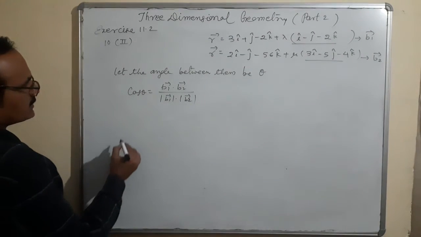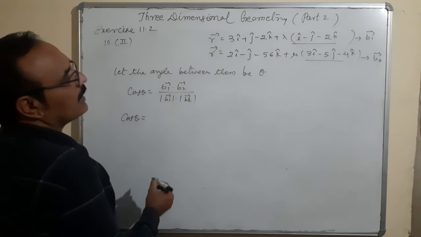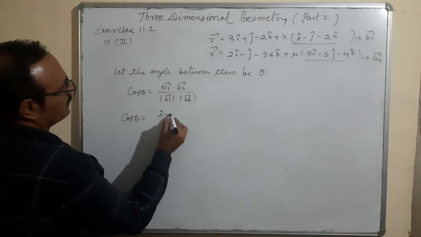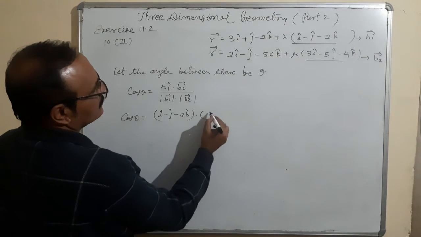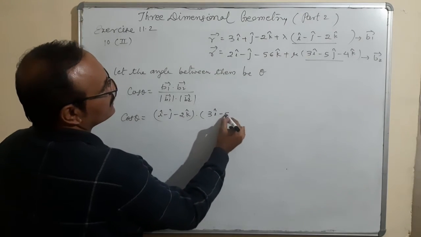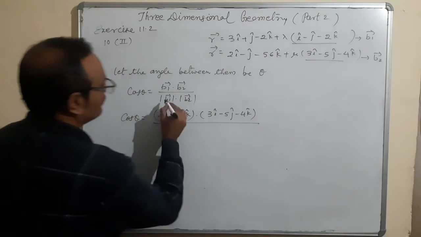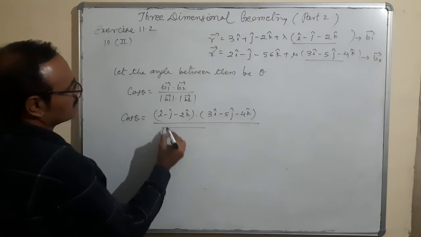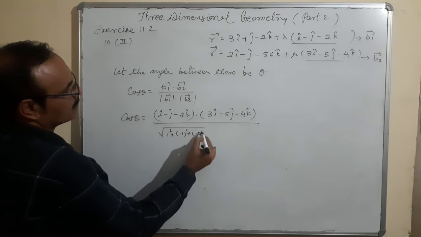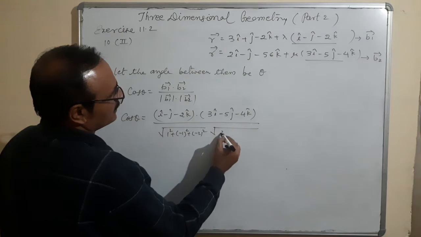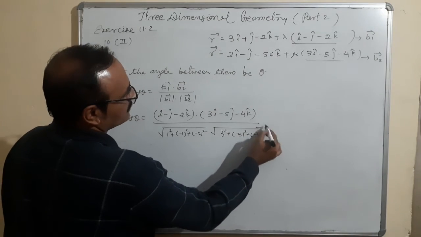So cos theta is equal to (i minus j minus 2k) dot (3i minus 5j minus 4k) upon the magnitude of b1, which is 1 square plus 1 square plus 2 square, times the magnitude of b2, which is 3 square plus 5 square plus 4 square.